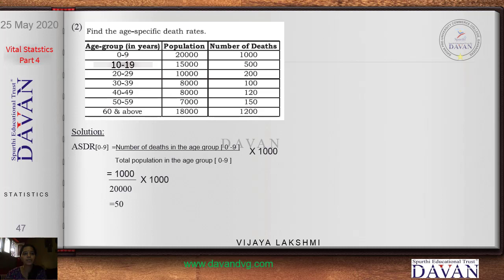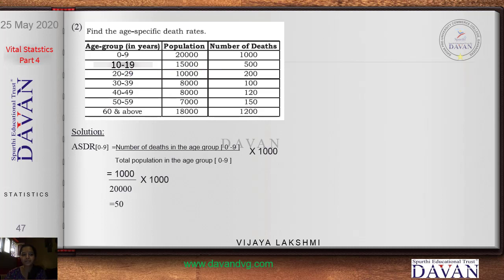You can notice you have the age group 0 to 9, and until the age group 10 to less than 15, and you also have the values above 49. So irrespective of any age group, here for ASDR you are supposed to calculate the death rate.